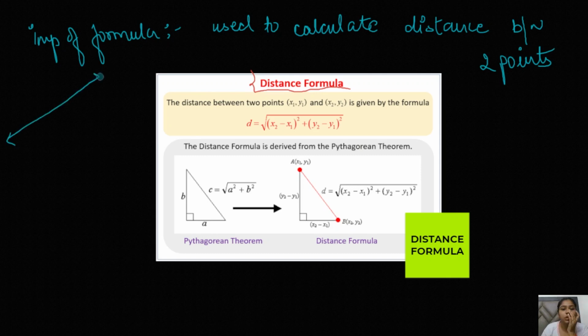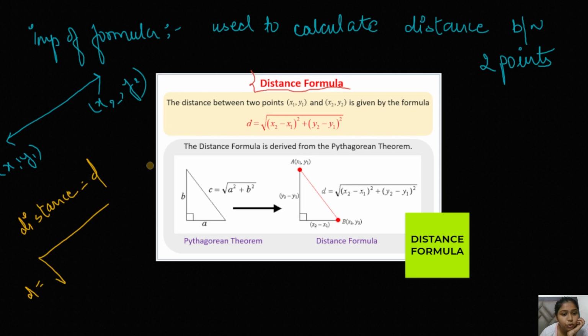This is a particular line. Let's just suppose this is the point x1 y1 and this coordinate is x2 y2. Am I right? Now we just have to find out the distance. How will you find out the distance? The distance is always represented by d, right? So distance will be equal to root over x2 minus x1 whole square plus y2 minus y1 whole square.